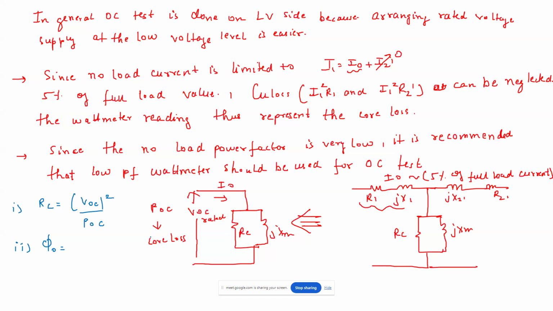Because this is a parallel connection, remember, you have to do it like this only. This is the correct procedure. VOC by I0, then your X phi or XM becomes PC by tan phi 0. Remember, this is a parallel connection, so if you do V by I equal to Z, that may give you a wrong answer. So you have to go by this, and this will give you the exact answer.